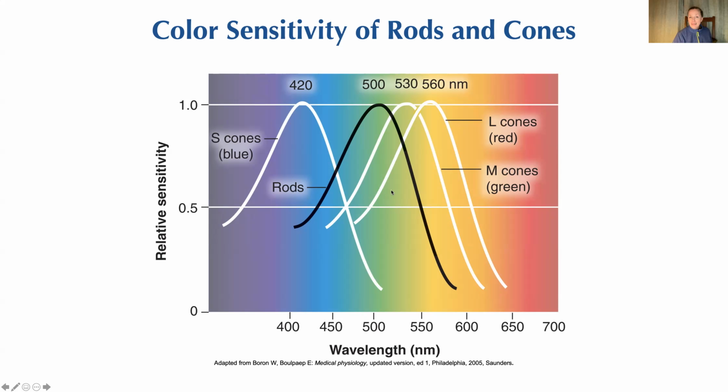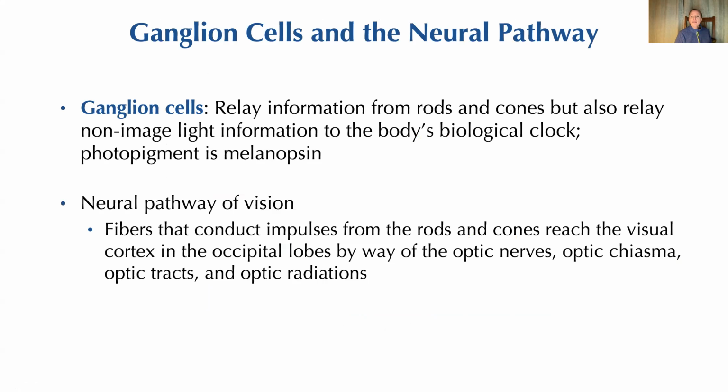Aren't you glad you get to use your resources for this test instead of having to memorize this stuff? Because this is really kind of useless memorization unless you're doing it all the time, in my opinion. All right, so we had our rod and our cone, one cone to one bipolar, many rods to one bipolar, and then the bipolars transmit their message to the ganglion cells.